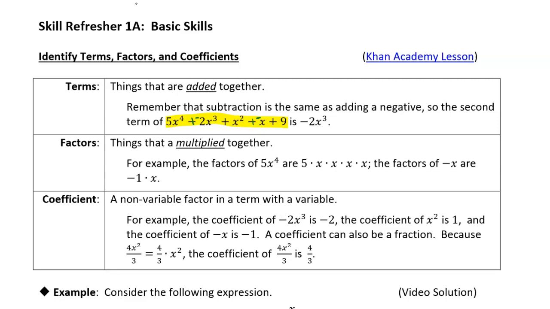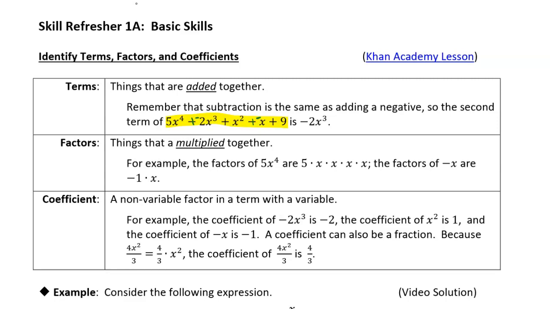All right, so in that previous expression, the first term was 5x to the fourth. But we can break that down into a multiplication, 5 times x times x times x times x, right? Because x to the fourth, that exponent just is a shorthand for repeated multiplication.